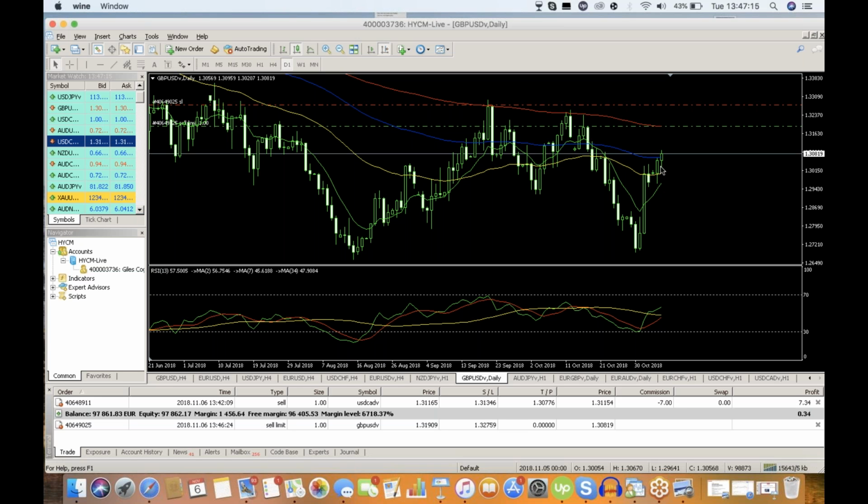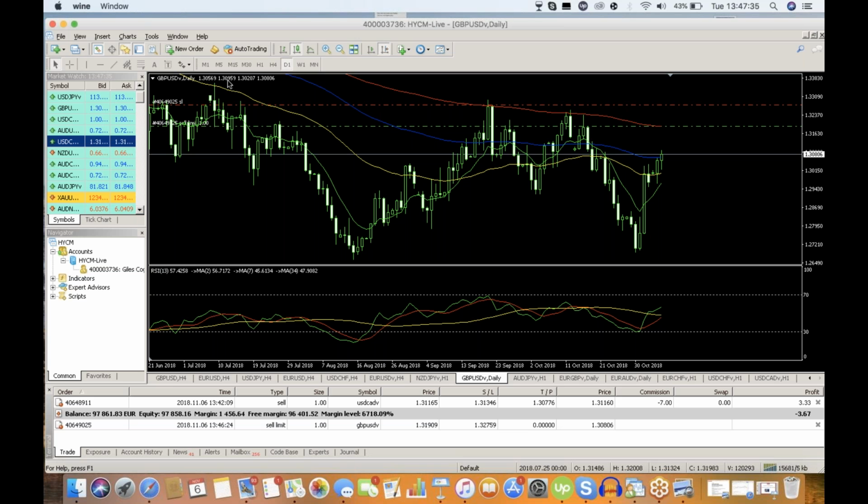If that was the case, you would watch this daily candle. If it closes above the 100 exponential moving average, you could enter with a stop just below this candle low here, or even a little bit tighter, and you could enter playing for a test of that 200 exponential moving average.